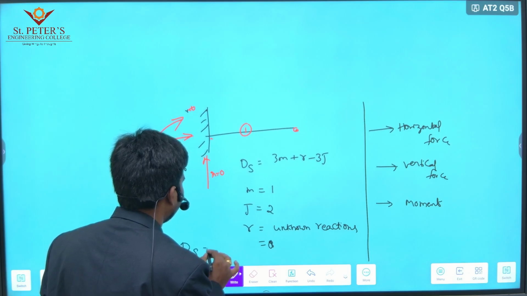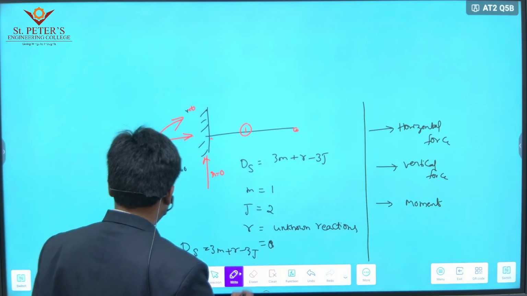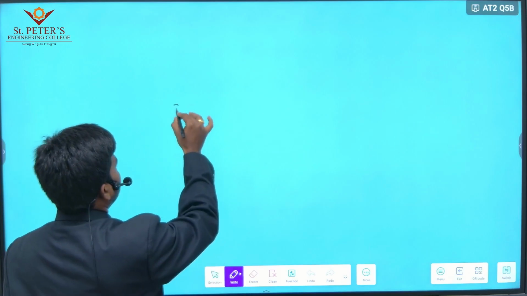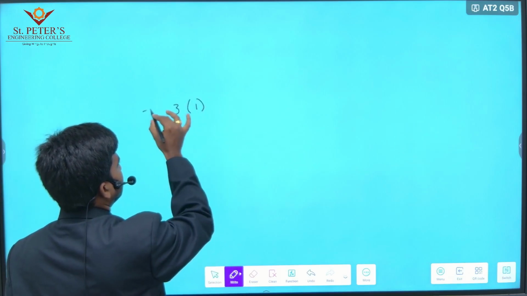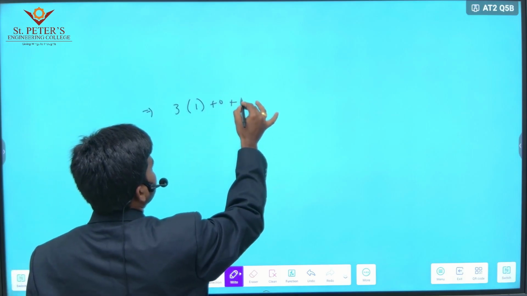Therefore ds equal to 3m plus r minus 3j. Member is 1, unknown reactions 3, plus joints.